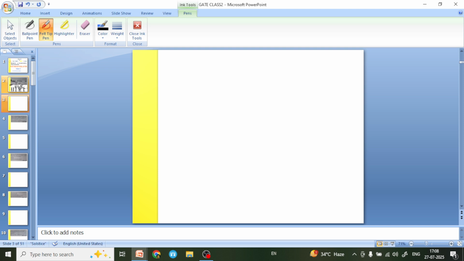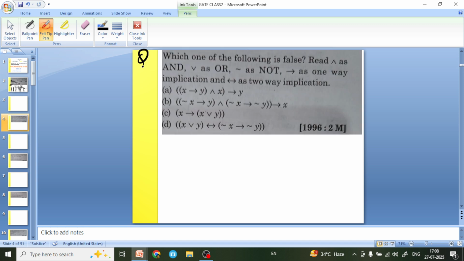Now next, the second question is: which one of the following is false?